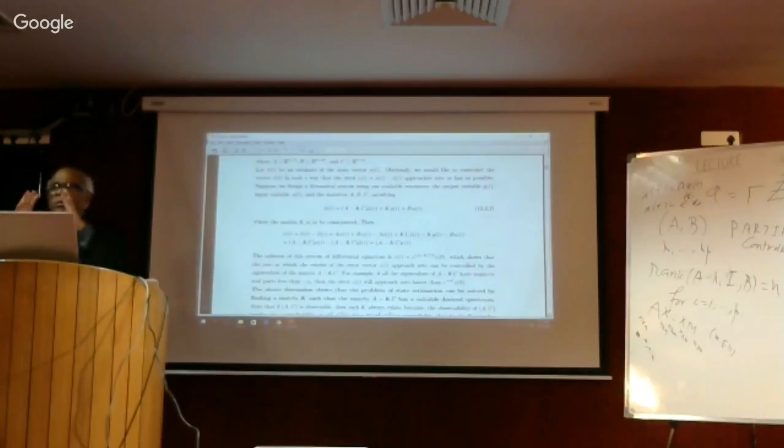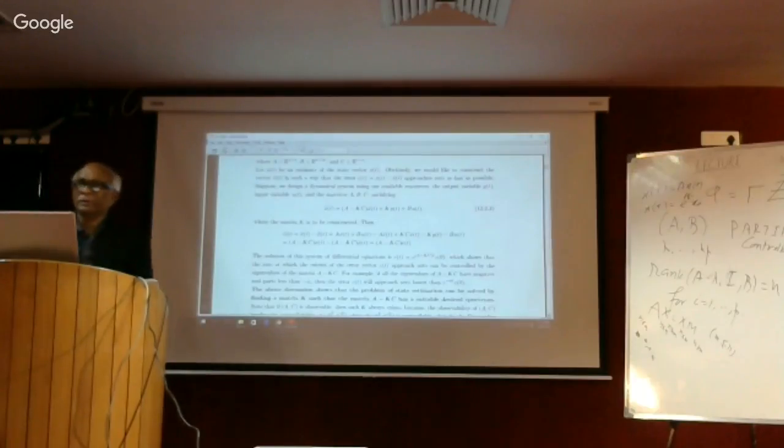So the problem here is how to construct this feedback matrix K so that A minus KC is either stable or has a set of eigenvalues, depending upon how fast you want to control the error. Again, this problem is solved by solving the feedback problem.